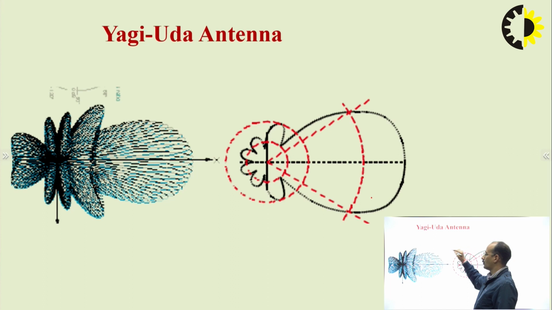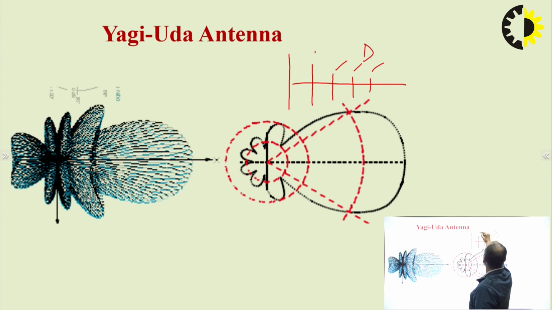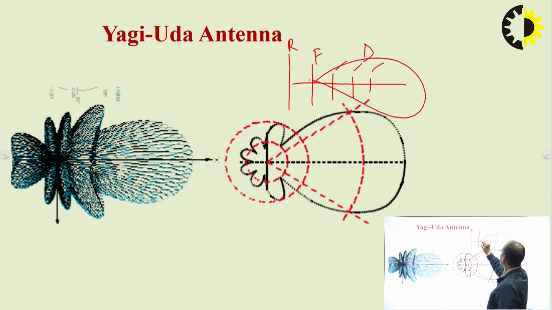This is the axis where you put the antennas; these are directors, this is the feeder, and this is the reflector. All the radiation comes to this side, because the source is applied only here. In this direction the radiated fields add on, whereas in the other direction they cancel out. That's why the radiation takes place only in this direction.